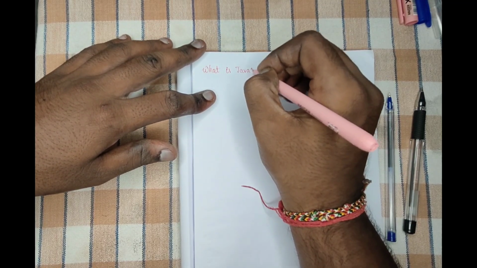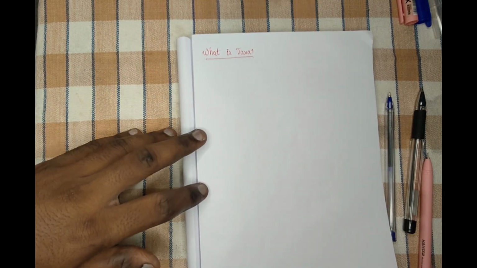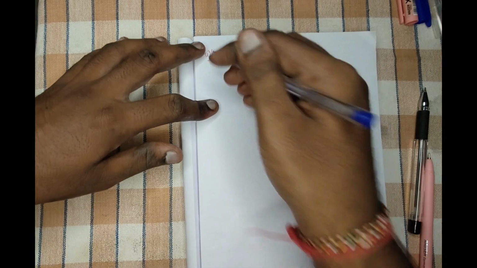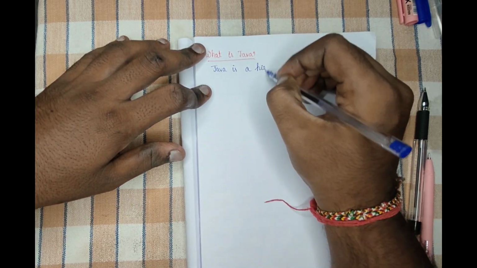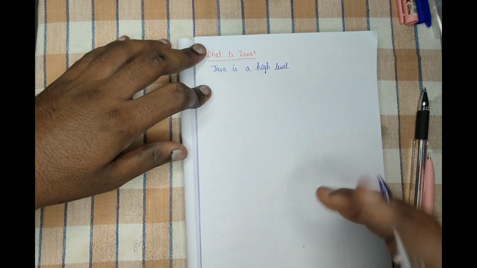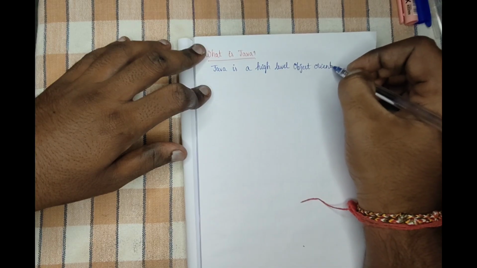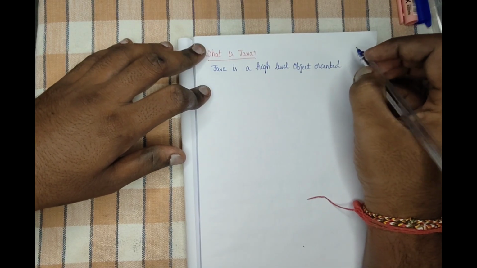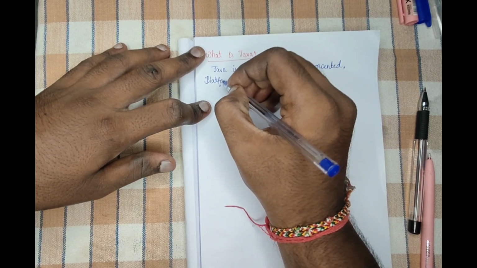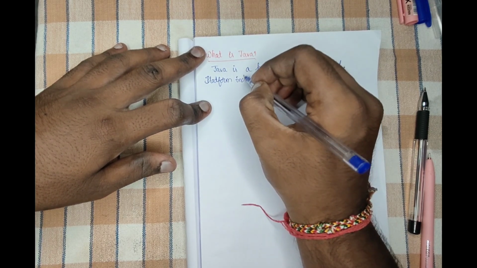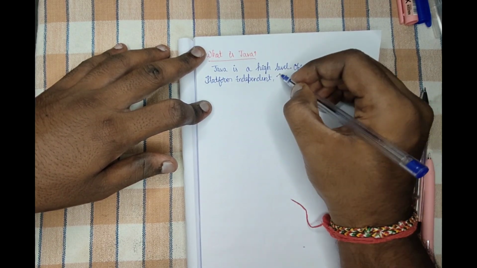What is Java? Java is a high-level, object-oriented, platform-independent programming language.